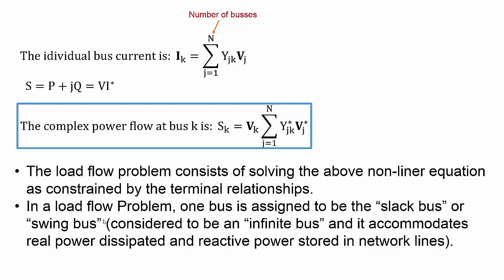Normally it's 1 per unit and 0 degrees, and the unknowns are the P and Q. This P and Q of that particular bus will furnish, among other things, all the power lost in the system, as well as all the reactive power stored in the system. That's why we need a slack bus. It doesn't matter what method you use to solve, a slack bus will have to be identified.